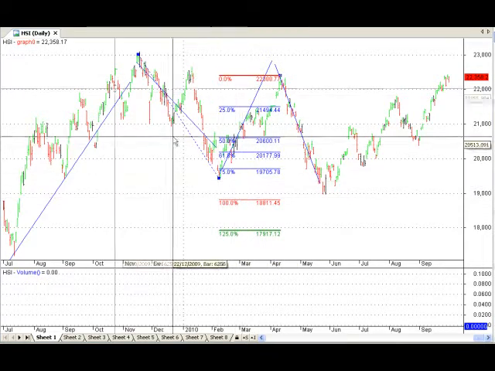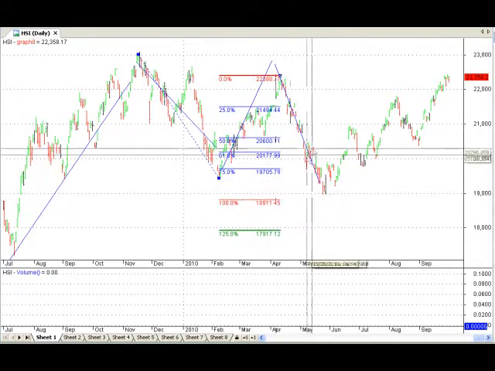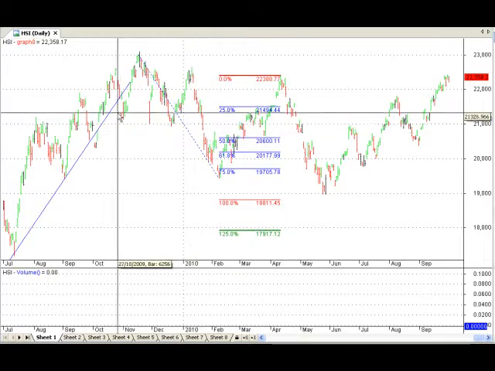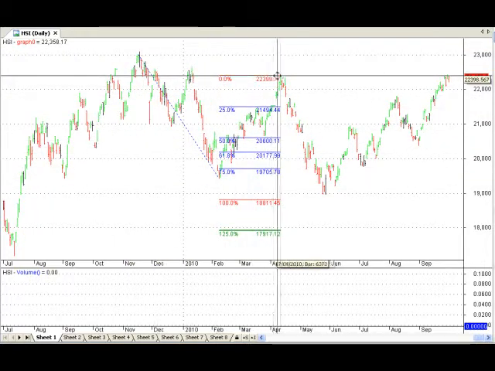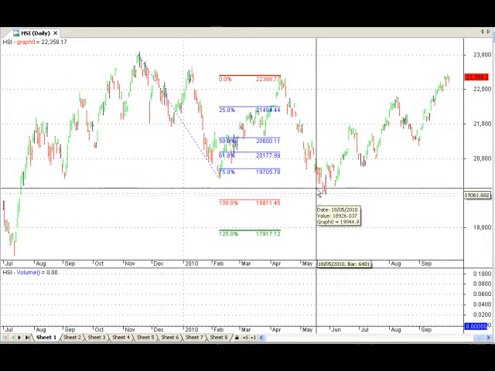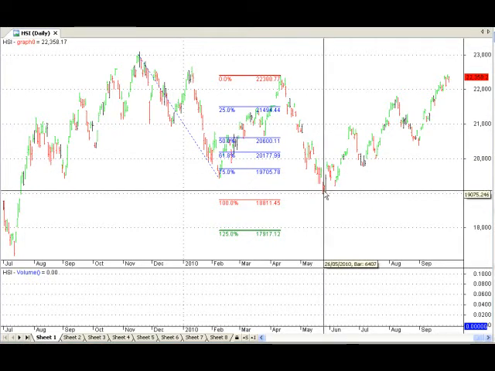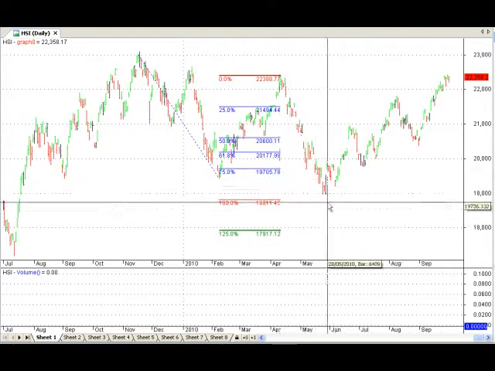Almost, and if I did it properly, it probably would be almost spot on, 100% of the previous move. So just getting rid of these little trend lines that I've drawn in, we've got our move down, move up, and then pretty much bang on is 100% of the previous move. That would be where you could expect to find support based on an ABC correction move.